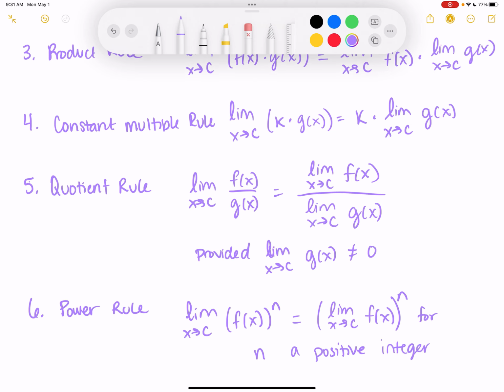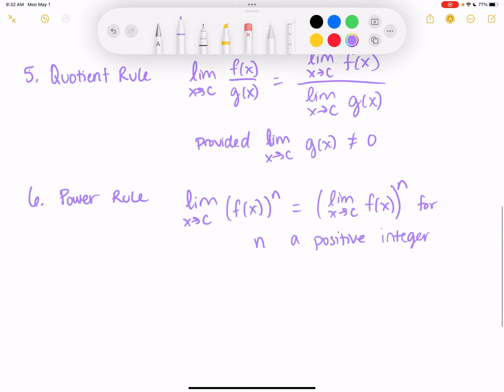So it's saying if you were to raise your function to a power, then take the limit, or you were to take the limit, then raise it to a power, you're going to get the same answer either way. But sometimes it being written one way or the other makes life easier. And obviously, there's still one more rule, but a lot of these rules could be combined into one potentially, like the power rule could be in combination with, say, the quotient rule. And so it may make it easier to rewrite something first.